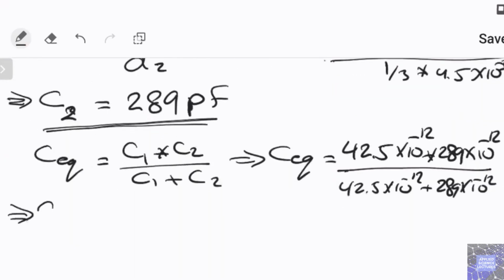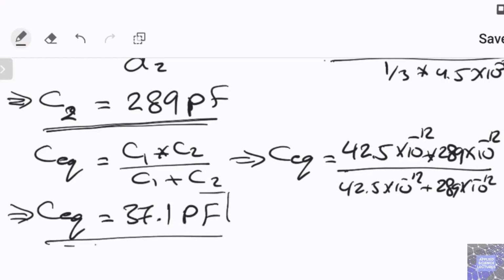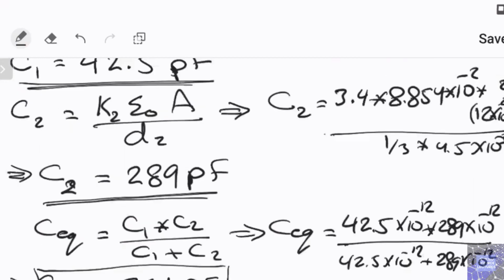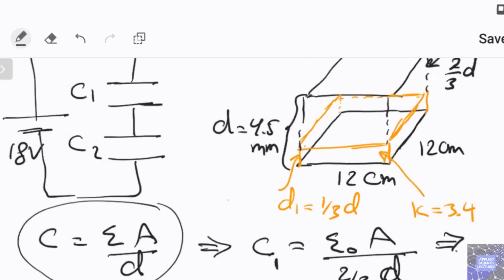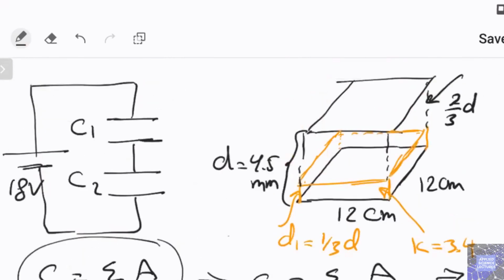And C equivalent is 37.1 picofarad. So this is the C equivalent for this structure. So this is A.